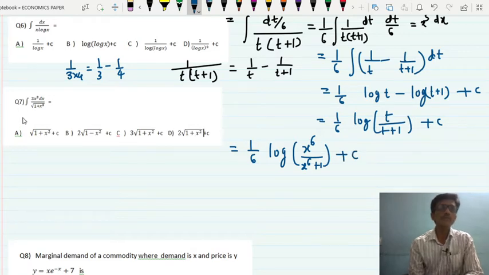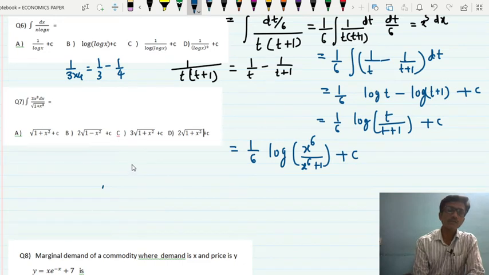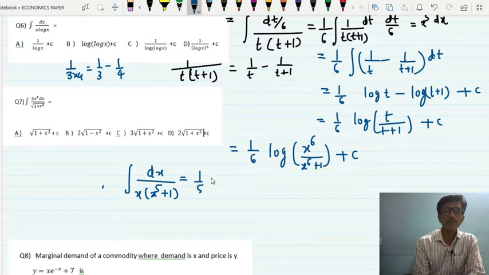Any such problem you can solve by using this trick. If it is dx upon x into x raised to power 5 plus 1, you can write its answer as 1 upon 5 log of x raised to power 5 upon x raised to power 5 plus 1 plus c.